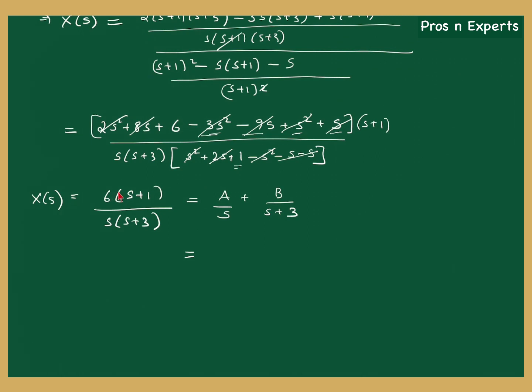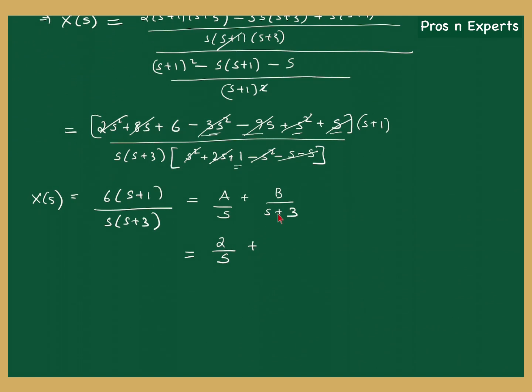Apply s equal to 0 to all terms here, neglecting s here. The same s is here, you have to neglect it and apply s equal to 0 to all other terms. So that will give you 6 by 3, that is 2. So 2 by s, plus what is b?